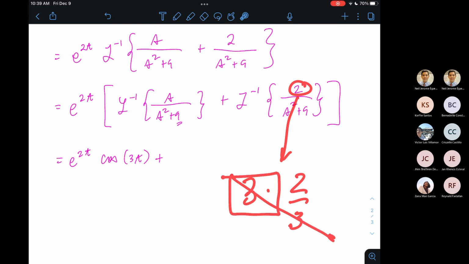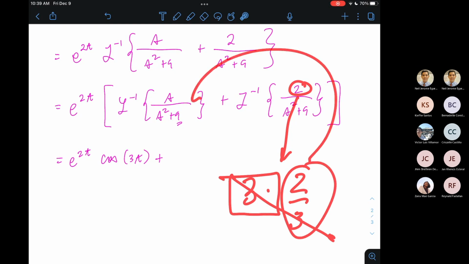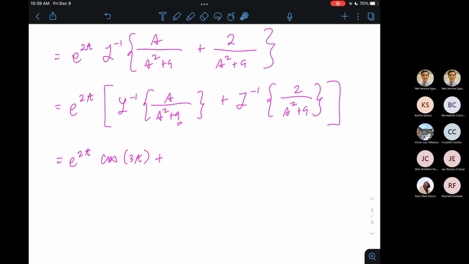Pero ngayon, meron ka ng 3, tas yung 2/3, pwede mong ilabas ng Laplace transform. Alright? So we'll have 2/3, parenthesis pa, naka-brackets pa pala yan. So 2/3, tas ito ay magiging 3 na, no? 3 over s squared plus 9 has inverse Laplace transform equal to sine of 3t. End of solution. Okay.